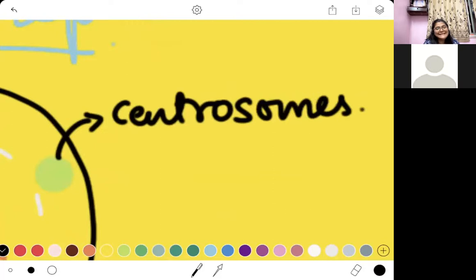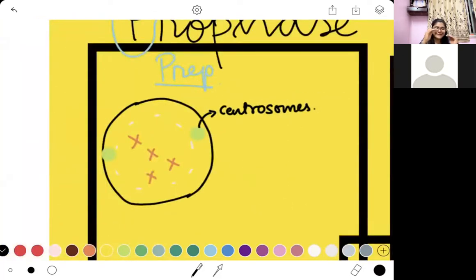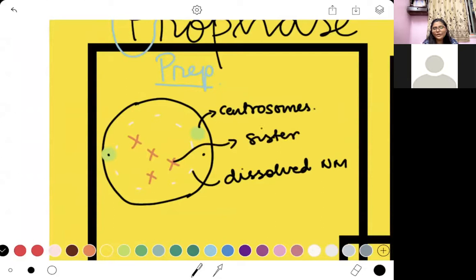These centrosomes are very slowly going to move towards the poles, that is here and right opposite to each other. These centrosomes are going to play a very important role in the process of cell division. Now what you have in your cell is a dissolved nuclear membrane, centrosomes, and these sister chromatids. This is what you have on your hands right now.